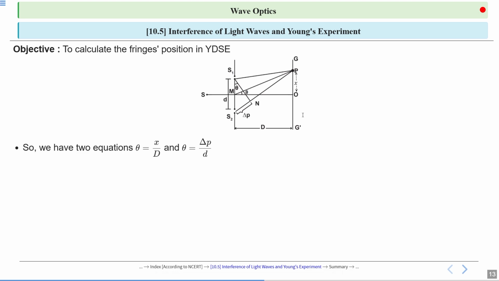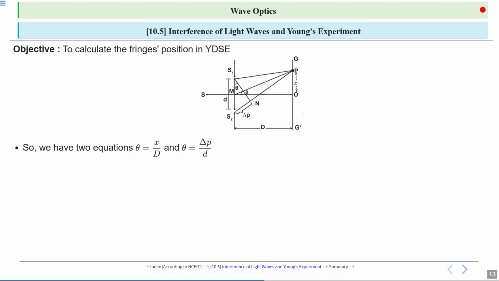So let's start by introducing two key equations: theta equals X upon capital D, and theta equals delta P upon d. Here theta represents the angle made by the ray of light from the center of the slits to point P with respect to the horizontal.